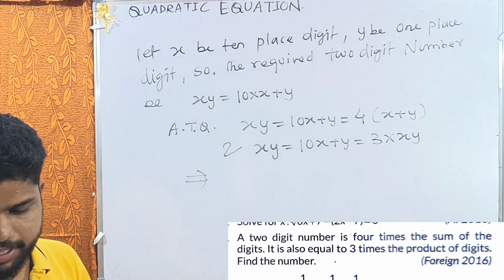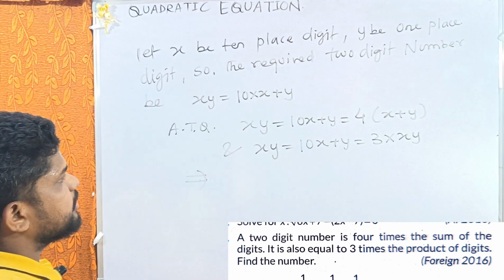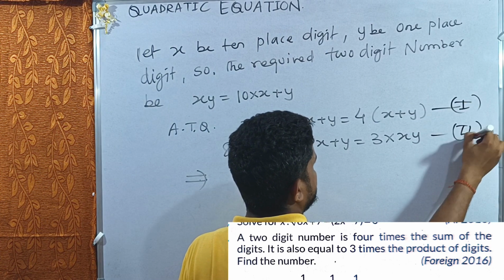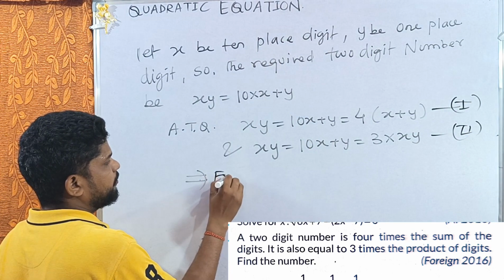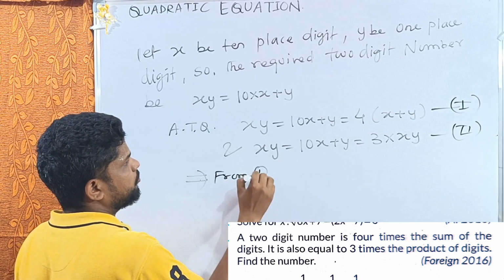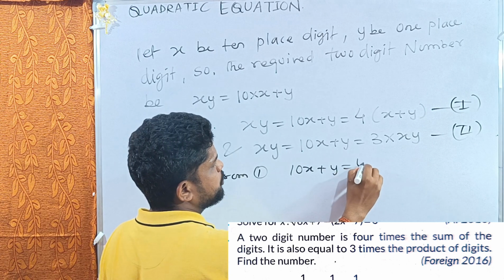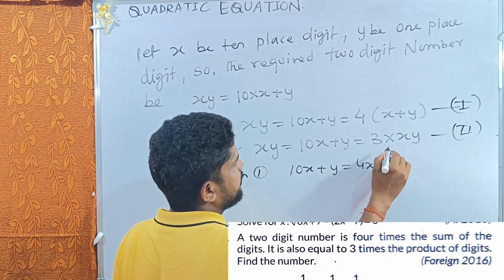Let us take the first as equation number 1 and the second as equation number 2. From 1 we can have 10x plus y is equal to 4x plus 4y.